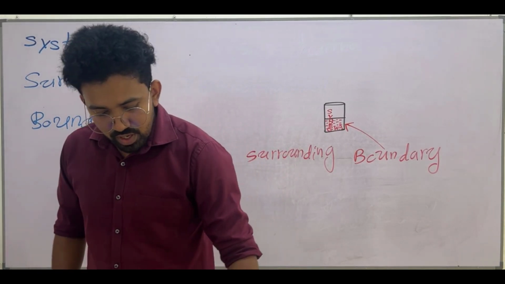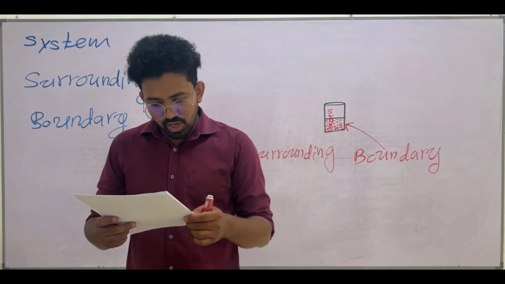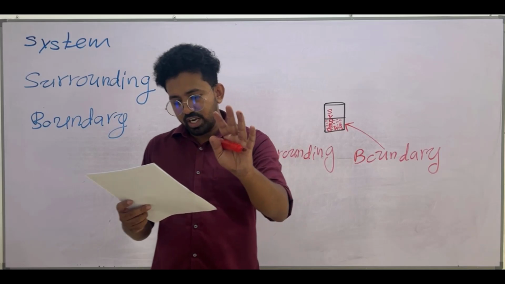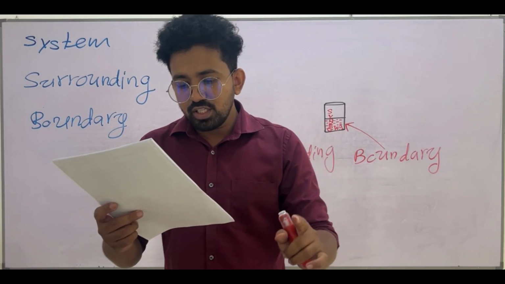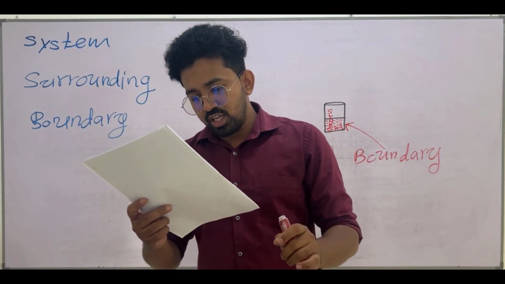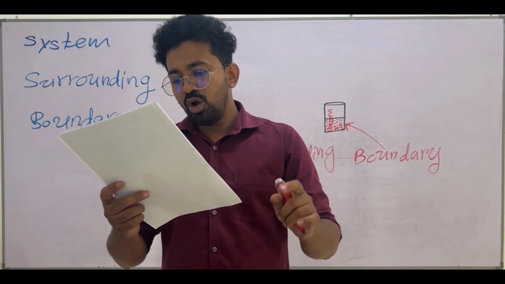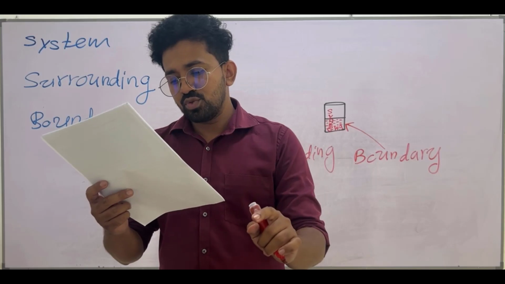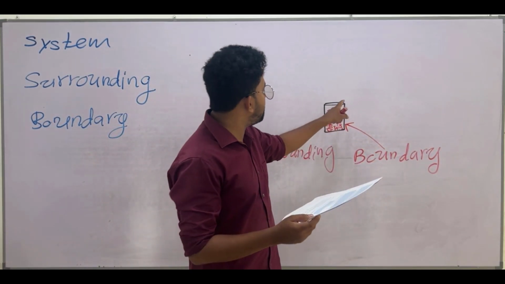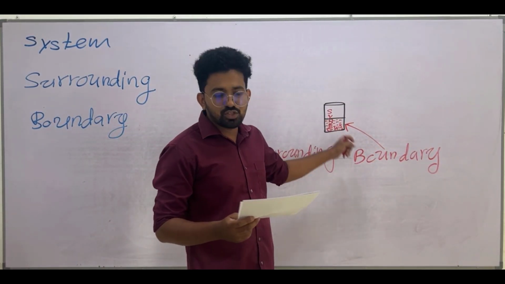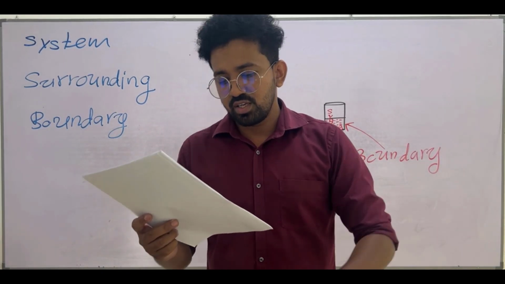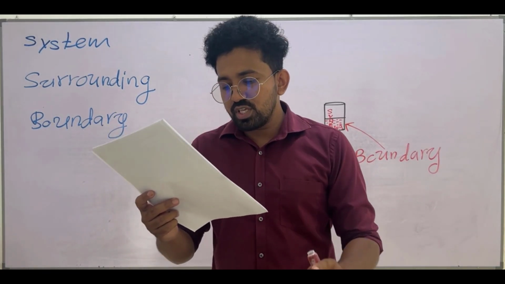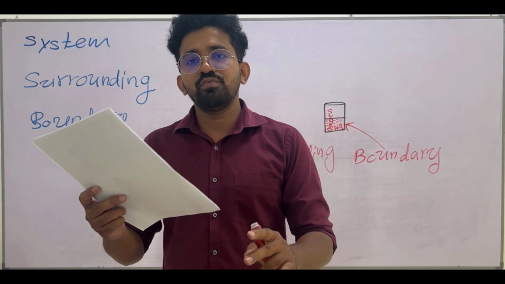Now here on page number 3, let's read. System: this is the part we are studying in a specific experiment or chemical reaction. It can be anything we focus on, like a chemical inside a flask. And then surrounding: everything outside the system that can interact with it.